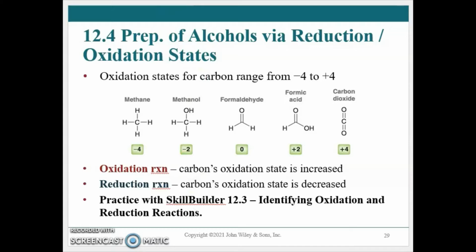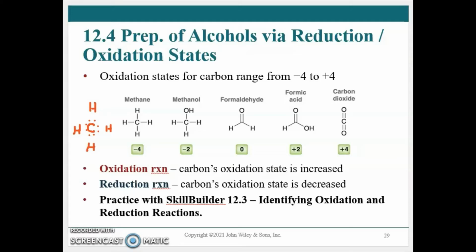If we look at methane, we have carbon, and each hydrogen assumed a positive charge. The electrons are given to the most electronegative element, so carbon has all 8.